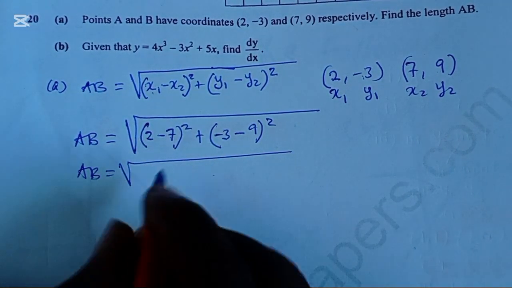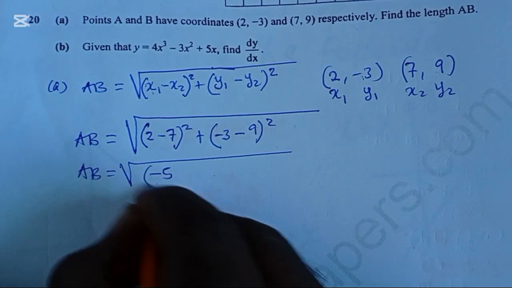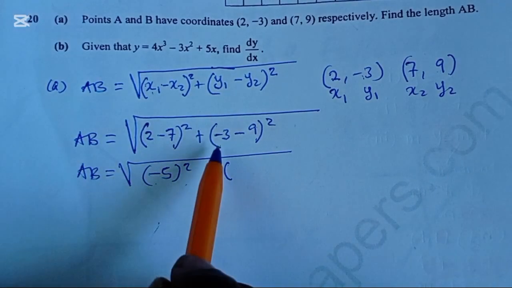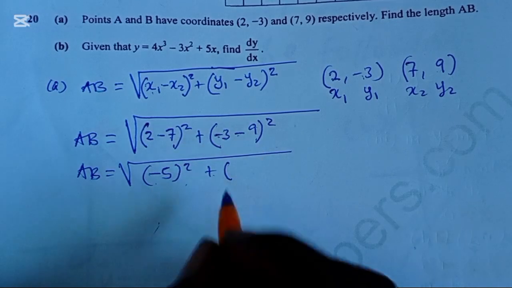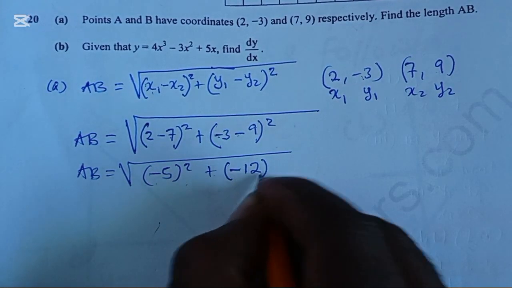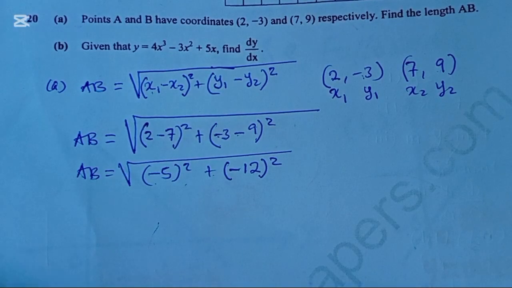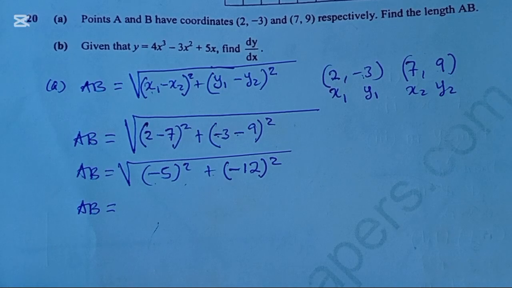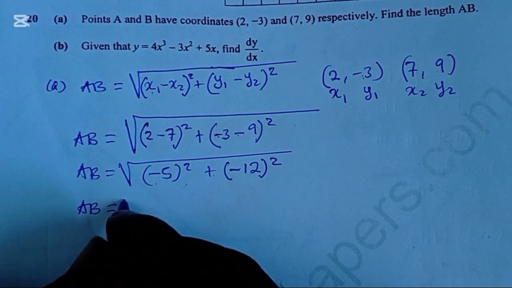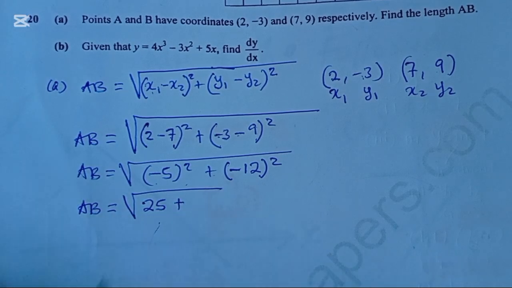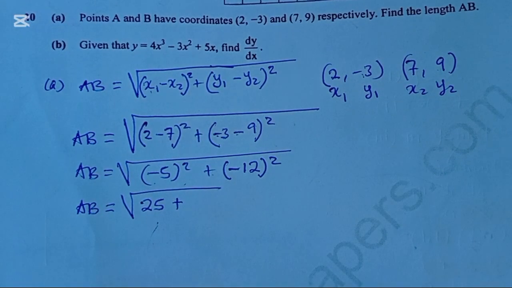So AB is equal to 2 minus 7, that is -5, squared plus -3 minus 9, that is -12 squared. So AB is equal to -5 squared, that is +25. -12 squared is 144.